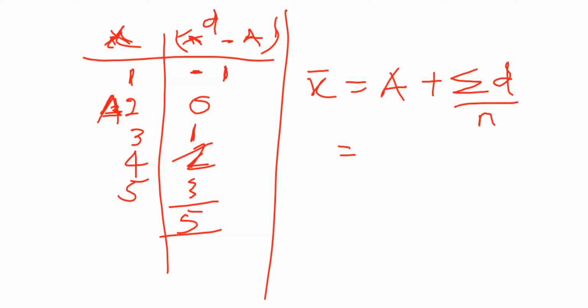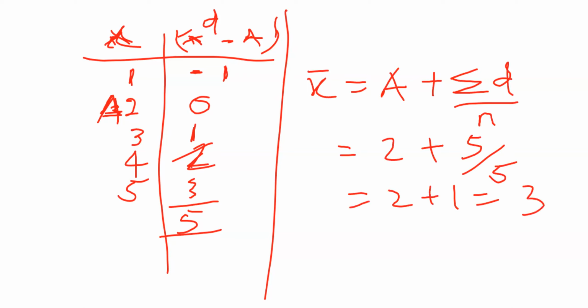The assumed mean is 2, the summation is 5, and the total number is 5. So 2 plus 1 gives 3, as we got before. Yes, and it's the same.